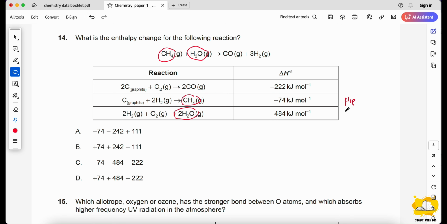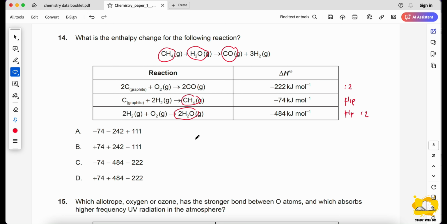It means we need to flip it, and we also need to divide it by 2. And for CO, here is on the right side, but the coefficient here is 1, but here is 2. It means we need to divide this by 2.